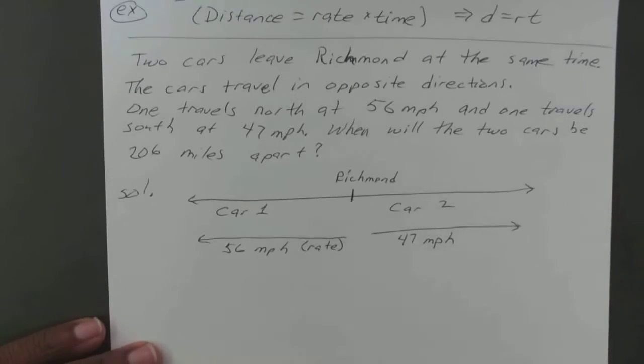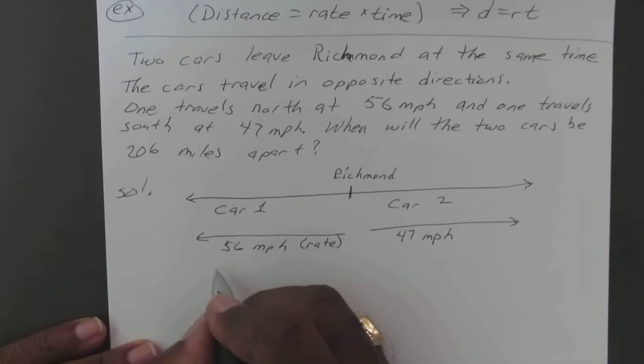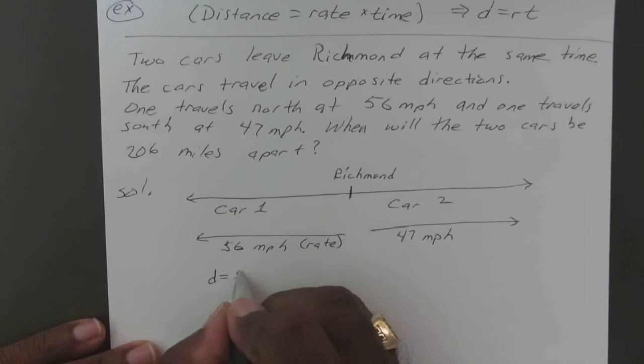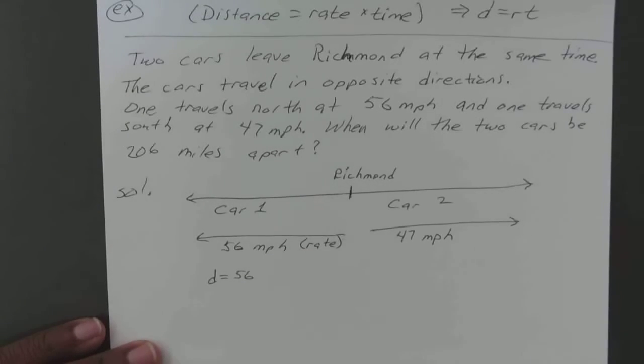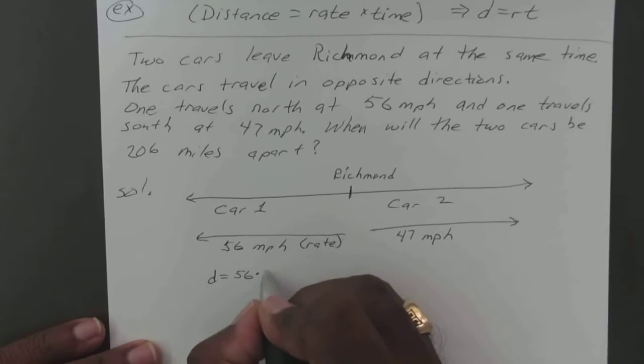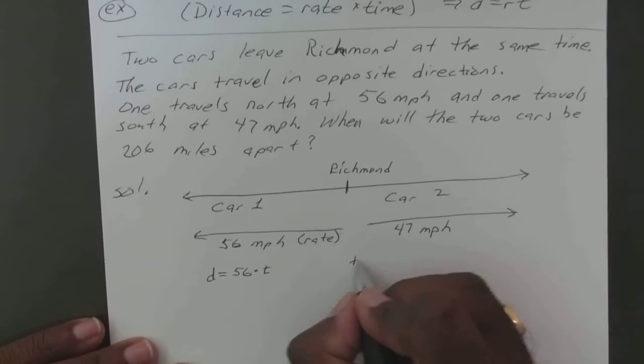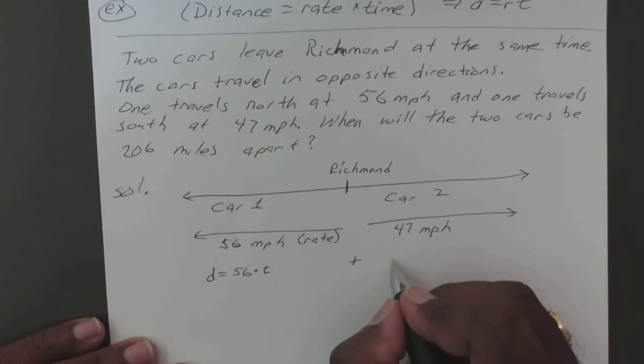So we know that distance equals rate times time. So for this to be true, distance will have to equal this rate times some unknown time. We don't know what it is, so we'll just leave it as t. Okay. And this one is going to be 47.